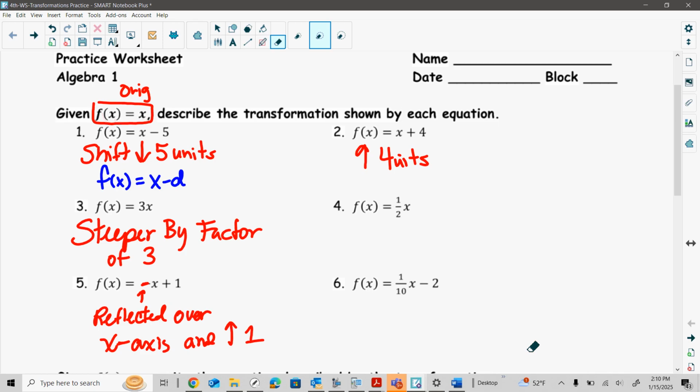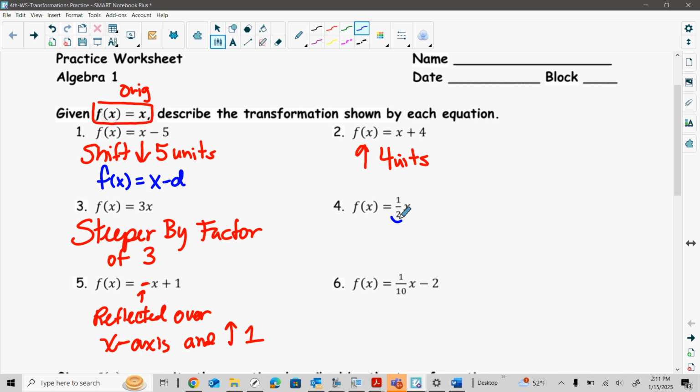So for example, on number 4, since I already know the original equation is over here, I'm looking at the change from f of x equals x to now f of x is 1/2 x. The change is happening with the slope, with the coefficient.